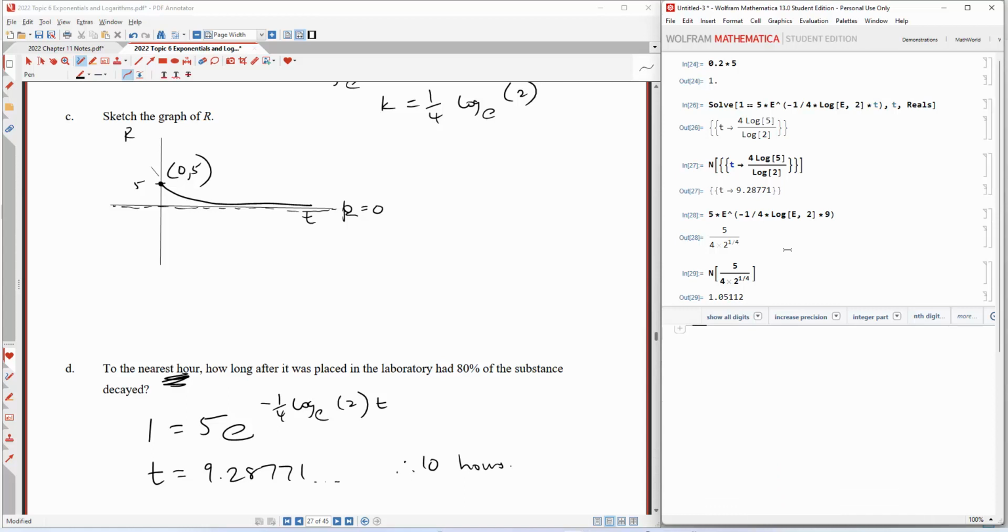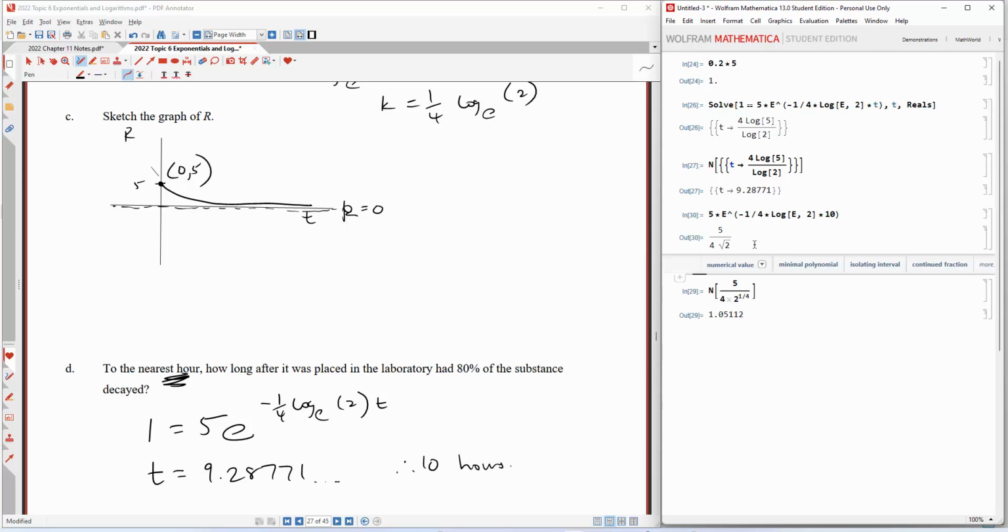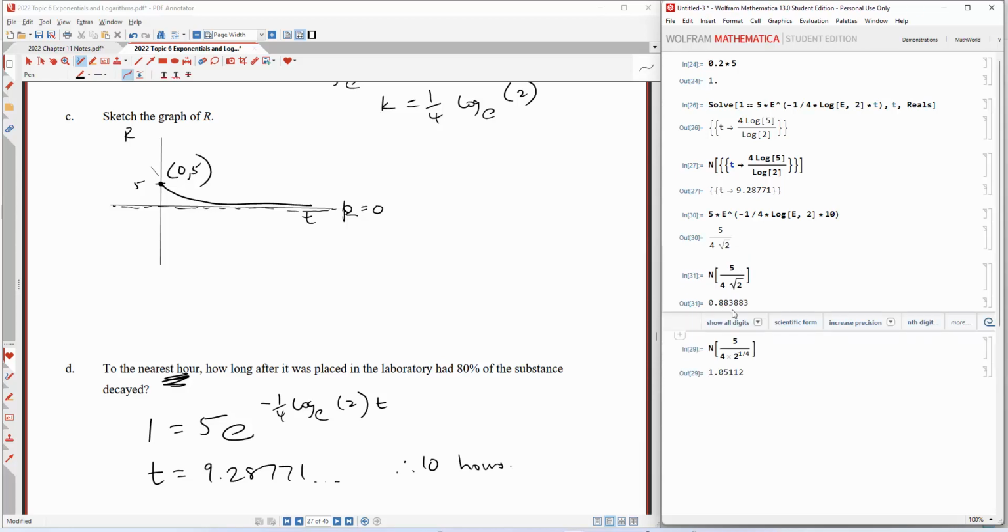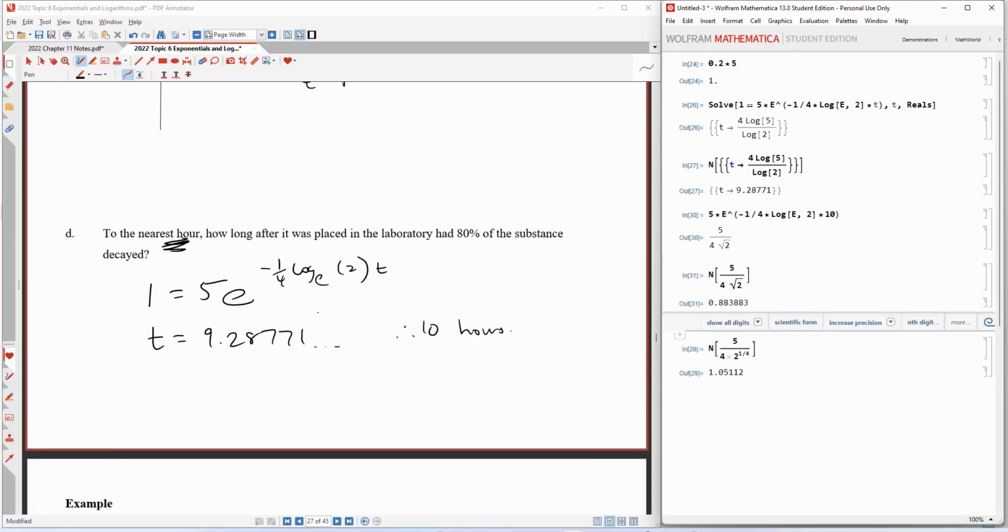So at 9 hours, there's still more than 80% of it left. This question wants 80%, so it needs to be below 1. If I replace it with 10, what I'd be willing to bet is that this value comes out below 1. There it is, 0.88. So it's going to be 10 hours.